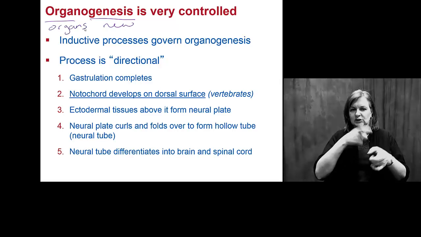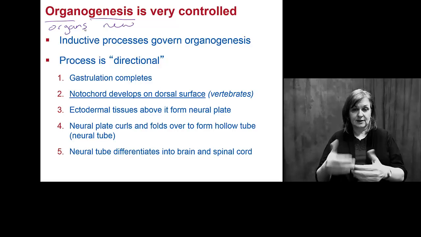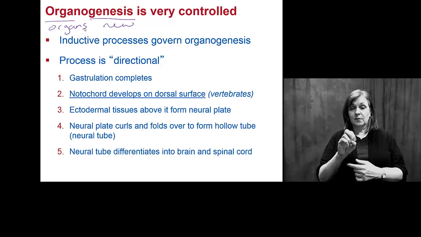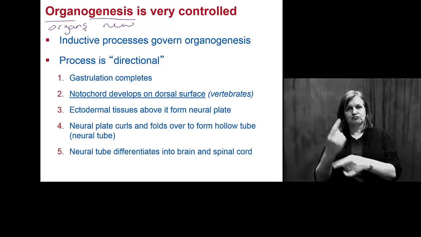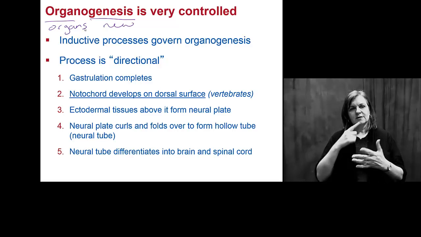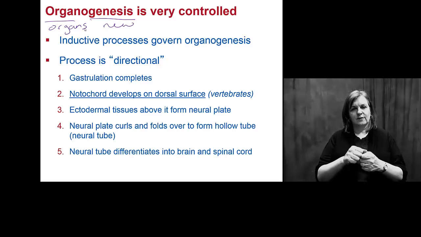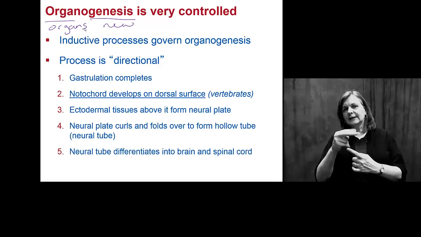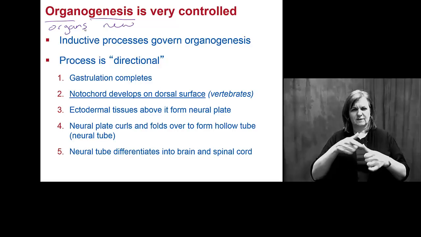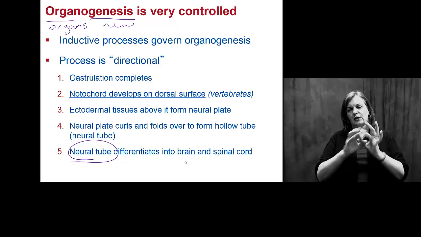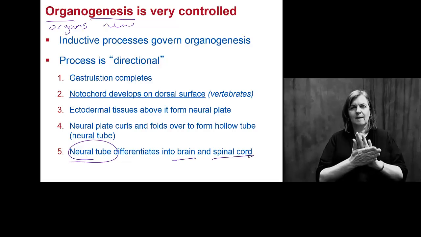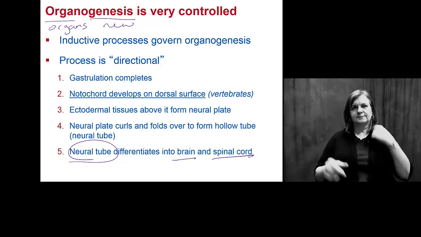is extremely regulated. And if it was not, your organs would not be in the proper location. So here are the steps associated with the proper formation of early organs in you, in particular the formation of this neural tube to eventually form your brain and spinal cord.